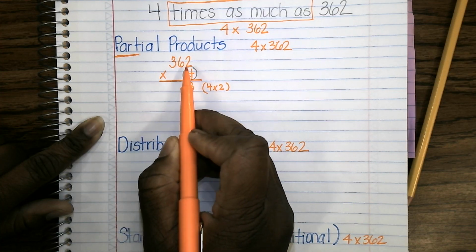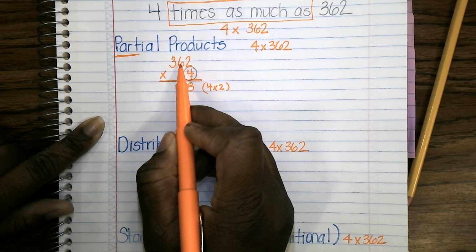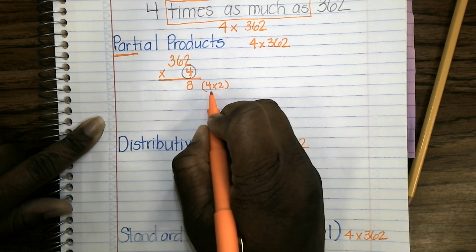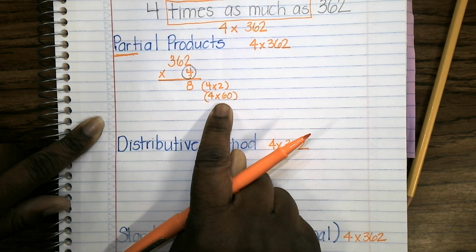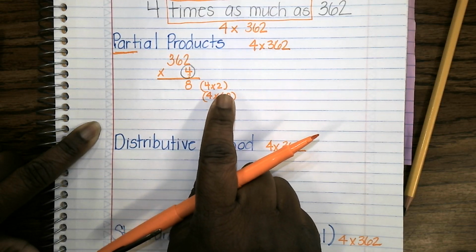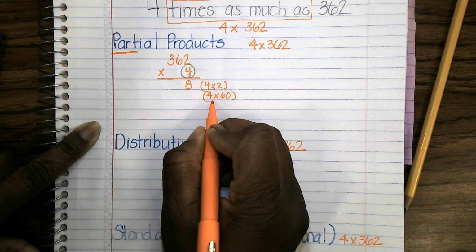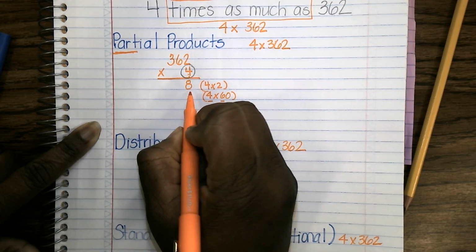So 4 times, not just 6, but the 6 is in the tens place, so its value is 60. So 4 times 60. We have been working on multiplying numbers times powers of 10 or multiples of powers of 10, so the kids can do this type of math mentally. So we know that to be 240.